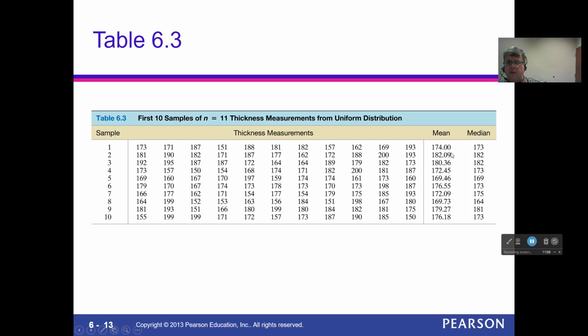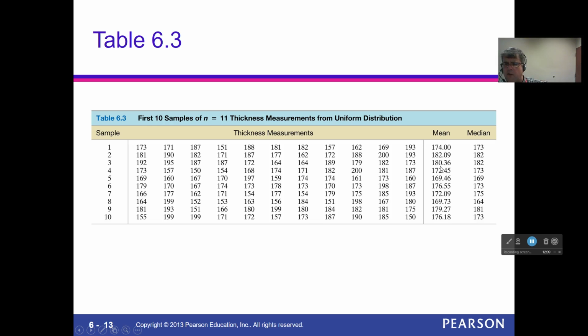Now here you can see we got different means from these 10 different samples. These are the number of samples, I'm sorry. N is the size. And we got different means and different medians, all from the same population, okay?